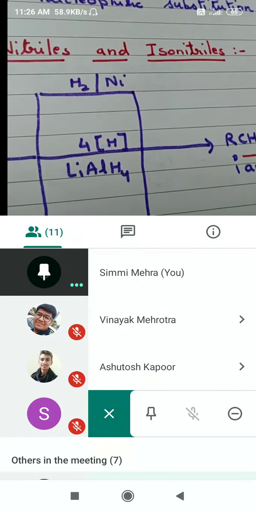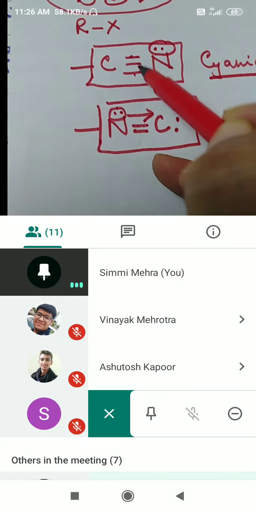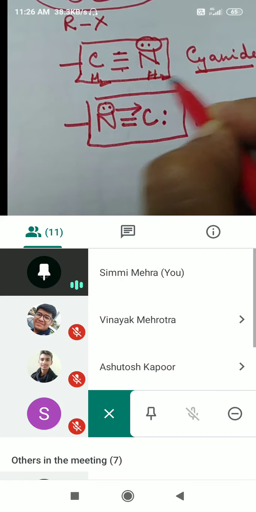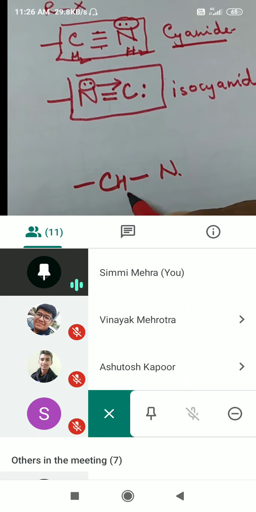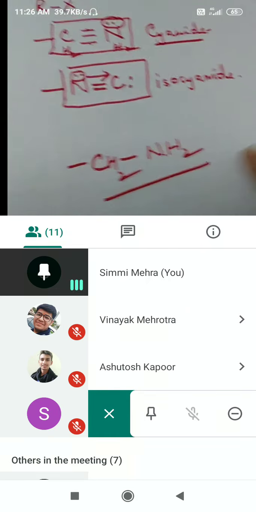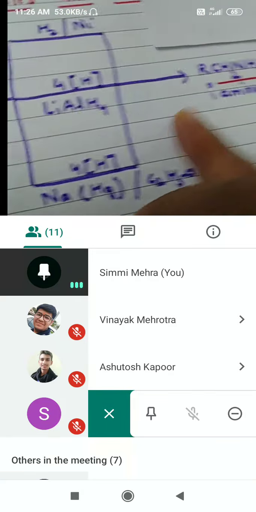How? If two bonds here are broken, two hydrogens will be attached here and two hydrogens will be attached here. This is going to form like this. So your CN will change into CH2NH2. This is reduction. Is that clear?